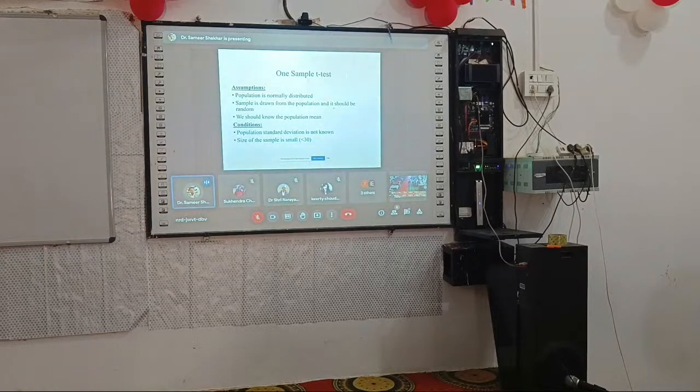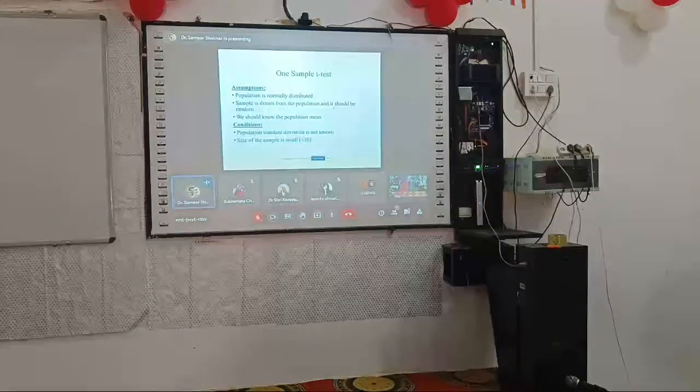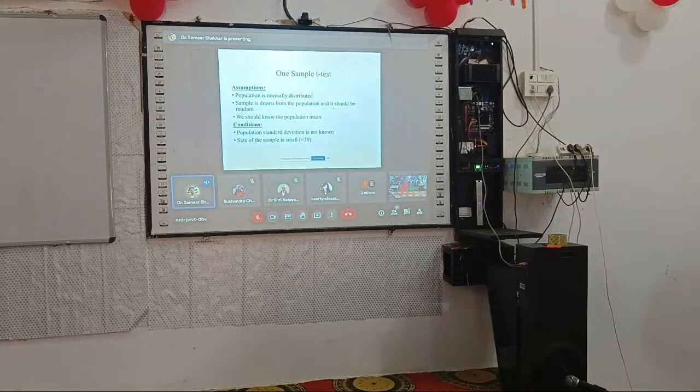So there will be a population mean, right? Then we will be finding the sample mean as well. The sample size should be less than 30. Population should be normally distributed, and given the condition that population standard deviation is unknown. The standard deviation of the population का वो हमें नहीं पता है, right?